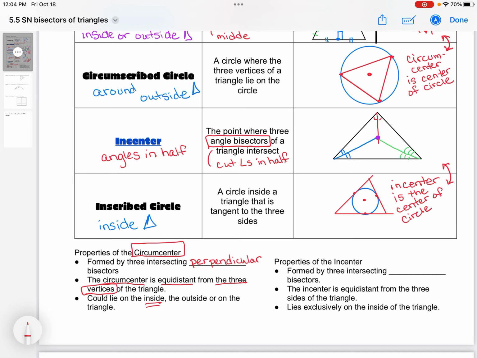It can be on the inside or the outside. It could lie on the inside, the outside, or on the side. Okay, so it could be on the edge of the triangle.